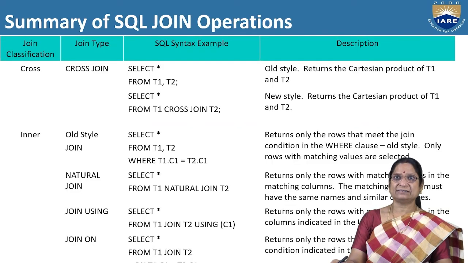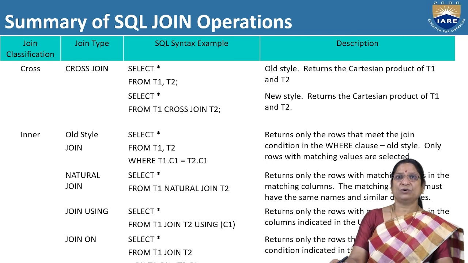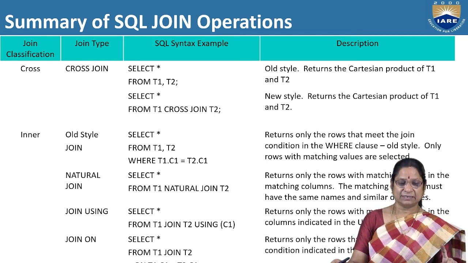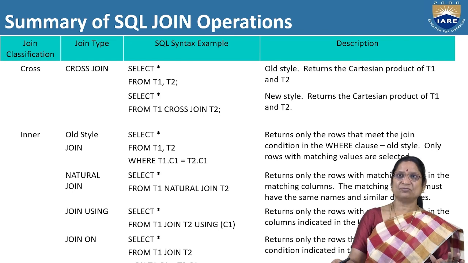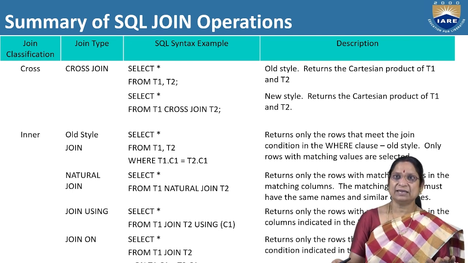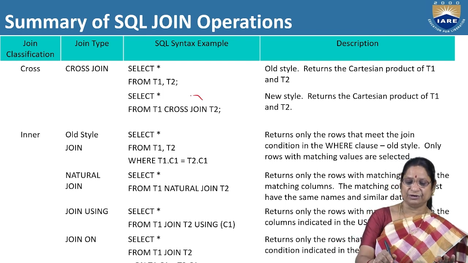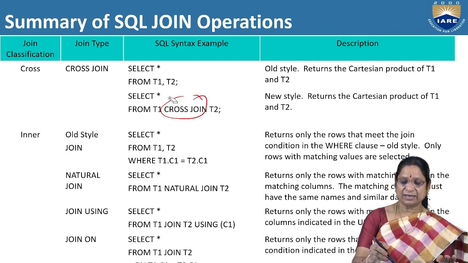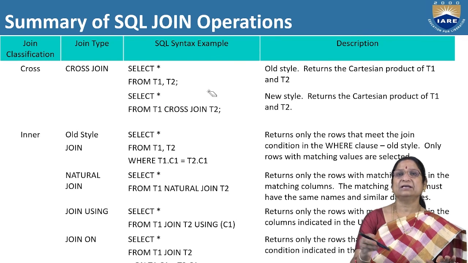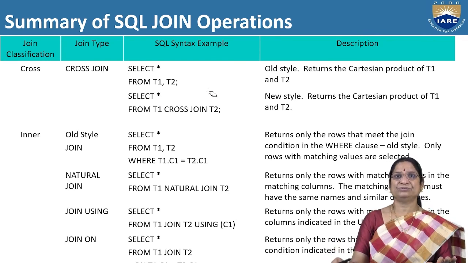So these are the various join operations. That is the classification: cross join, example was given, description, old style as well as new style. You observe old style: select star from T1, T2. New style: select star from T1 cross join T2. In the new style, a specific reserved word is used.